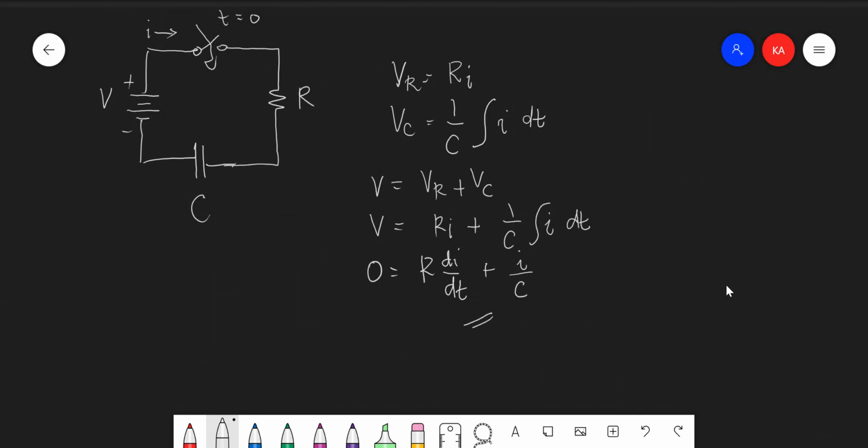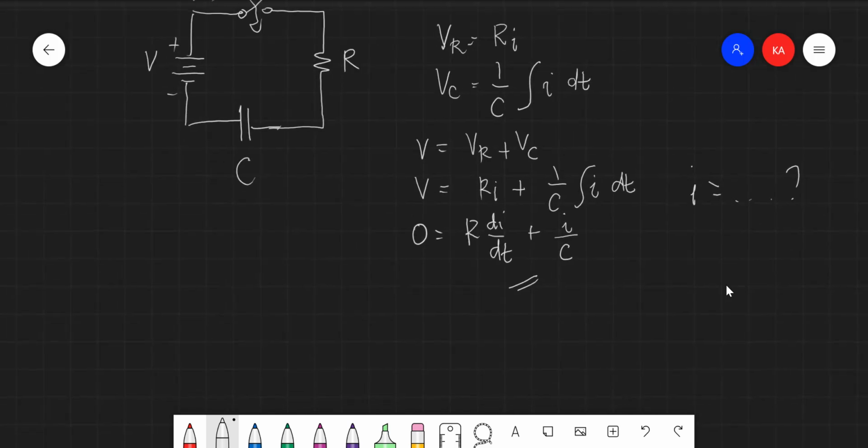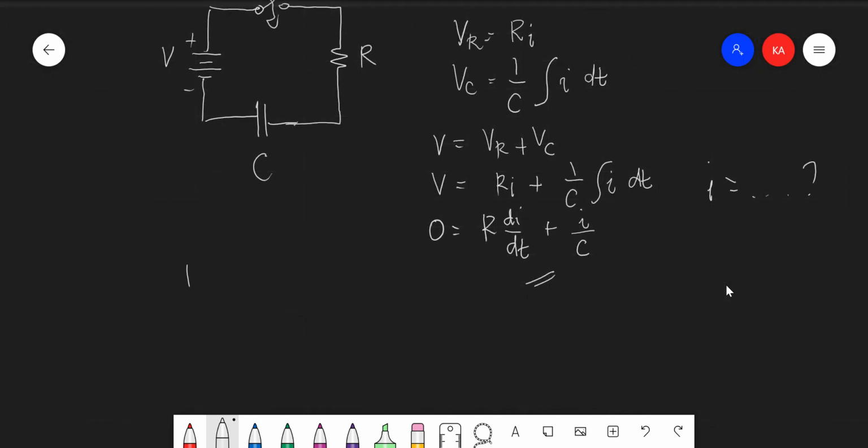After we get this differential equation, we can solve it to get the solution. Solution means that i is equal to some expression. We start with this equation, R di per dt plus i per C is equal to 0.